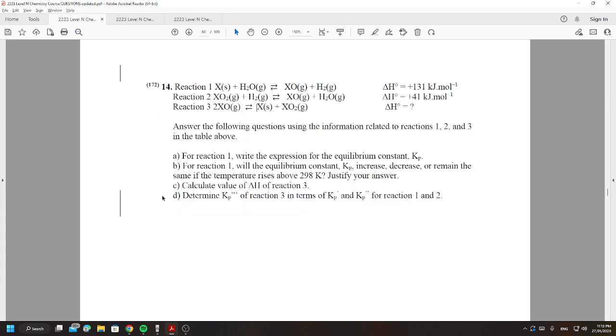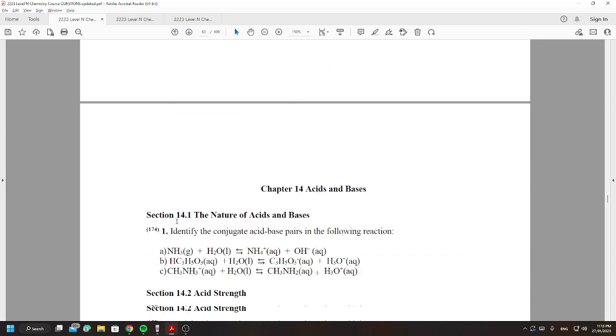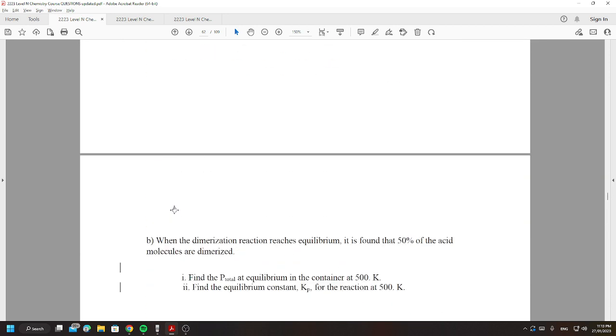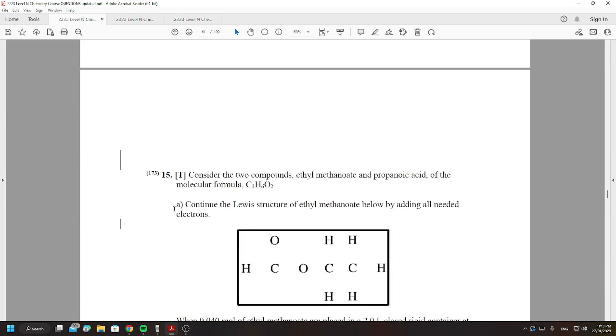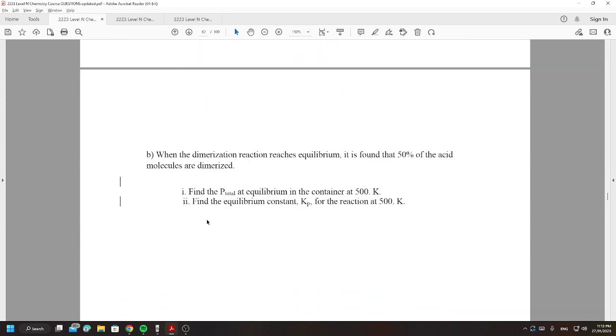Sorry. Okay, number 15. This is a top question. That's it. Okay. Hello. Continue the Lewis dot structure. Okay. Let's continue the Lewis dot structure.